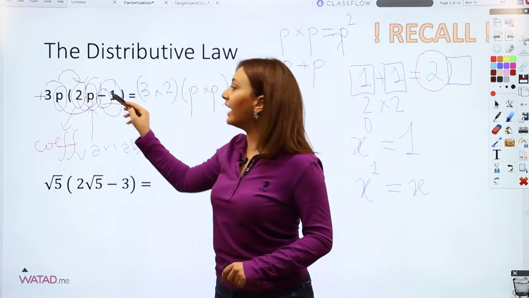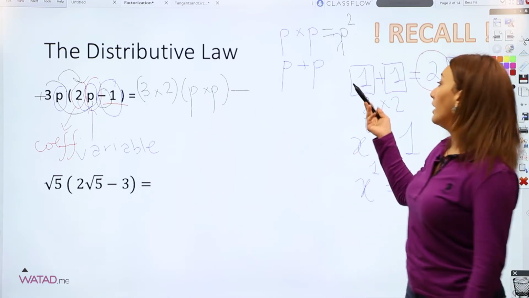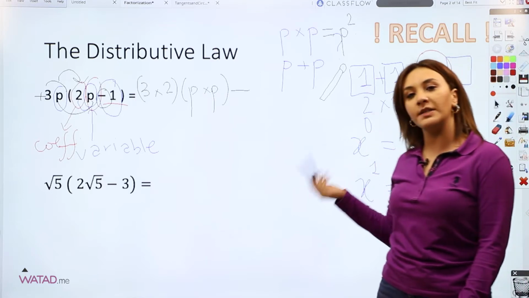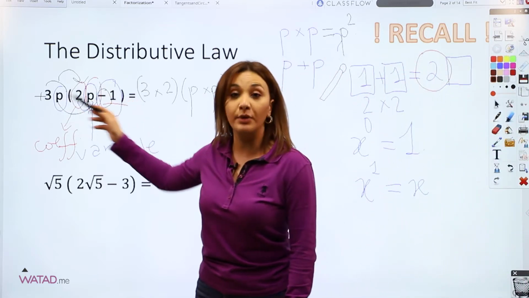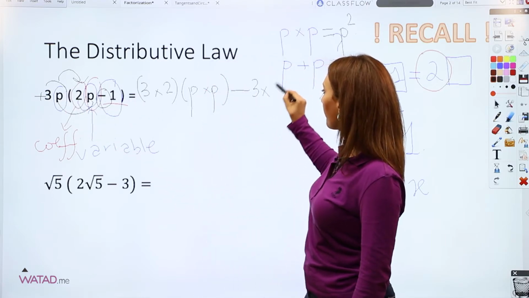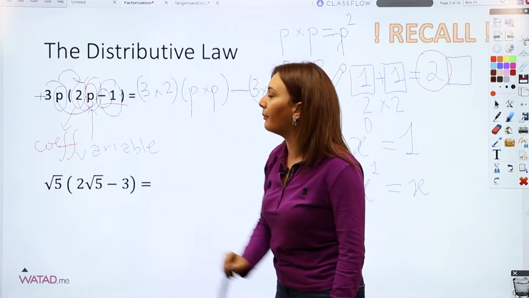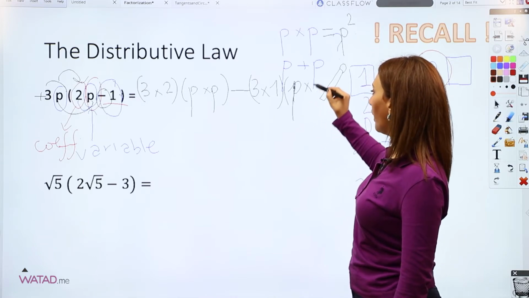Now, 3p times 1. Can I multiply a box by, for example, a pen? I cannot multiply a box by a pen. I multiply the integers together and the variables together. So this is 3 times 1 and p times 1. There is nothing, so this is 1 times 1, for example, and this is p times 1.